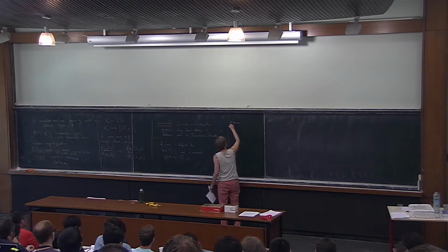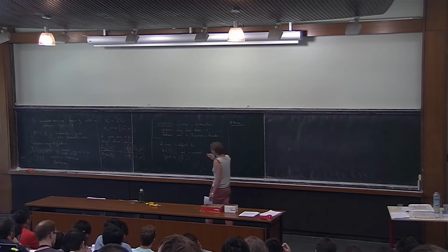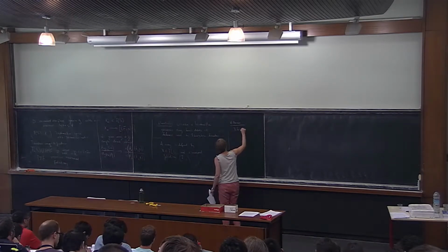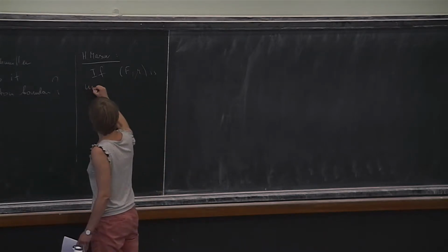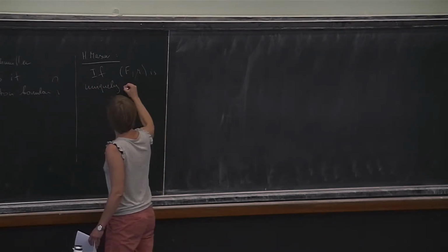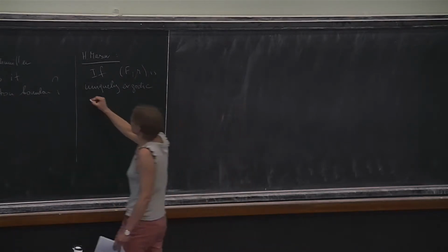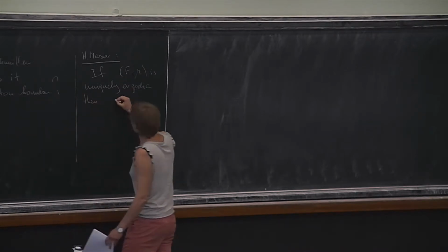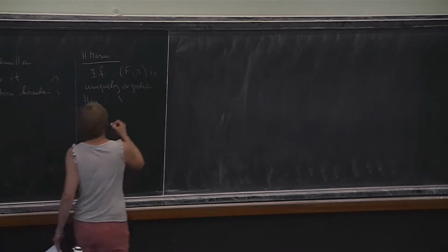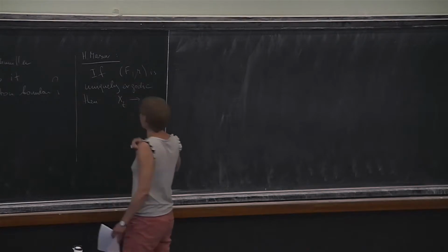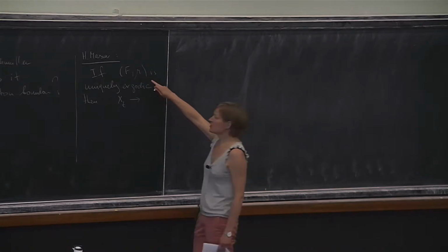He tells us that if this foliation is uniquely ergodic, then the ray, let me denote it like this, it's T, the ray converges in PMF to the class of this foliation.